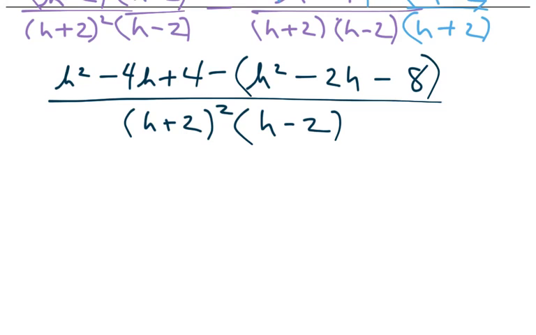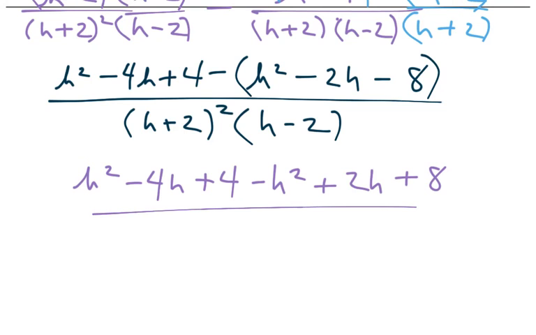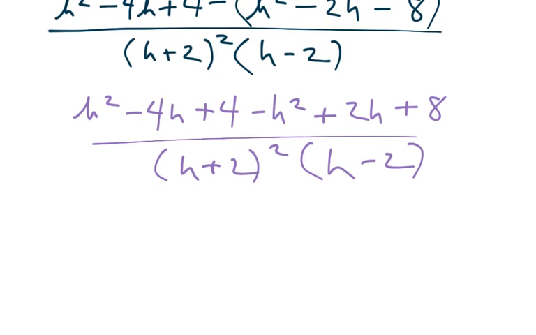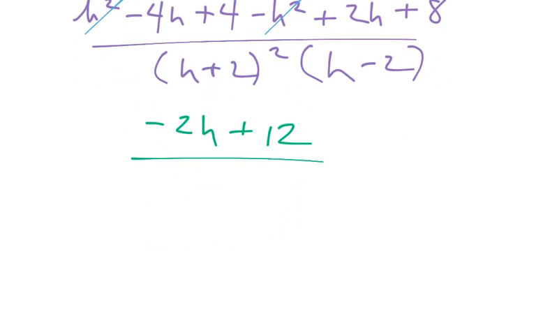Now I'm going to distribute: h squared minus 4h plus 4 minus h squared, and I'm just flipping the signs on everything as that minus gets distributed, and I'm going to rewrite the whole denominator, and then I'm going to look for things that can be combined. h squared minus h squared goes away. 2h minus 4h gives me negative 2h. 4 plus 8 gives me 12 over h plus 2 squared times h minus 2.